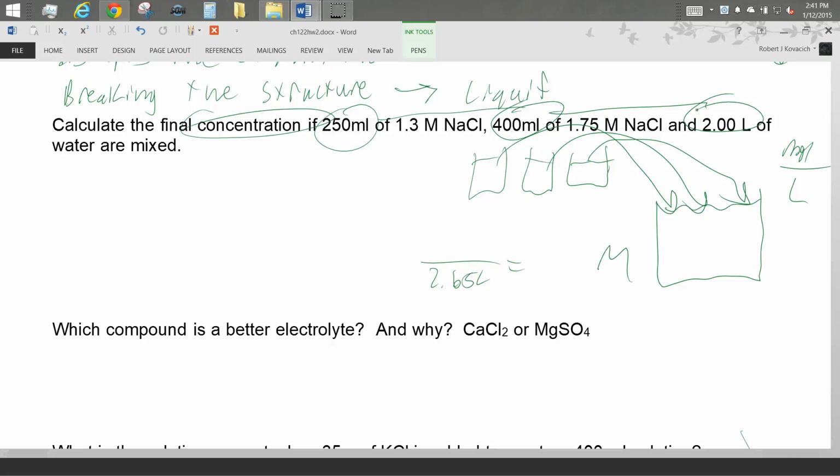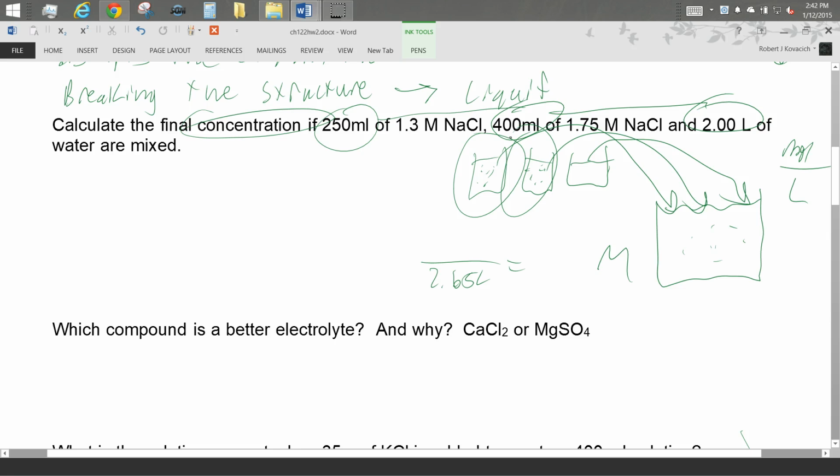So what I need are the moles. For the first container, there's sodium chloride in it. For the second container, there's sodium chloride, and the third one is empty, so there's no moles to add from that. When I dump all three of these in here, whatever moles were in here and whatever moles were in here are now inside of here. So I can figure out how many moles are in this container and in this container, and then just add the moles up.